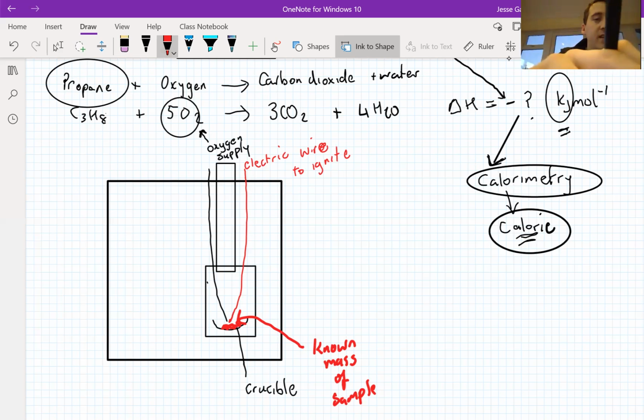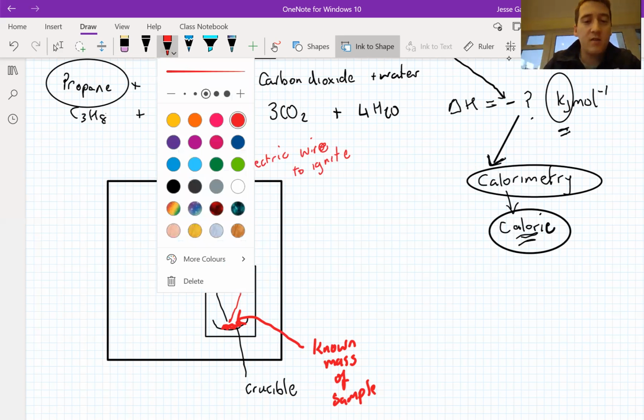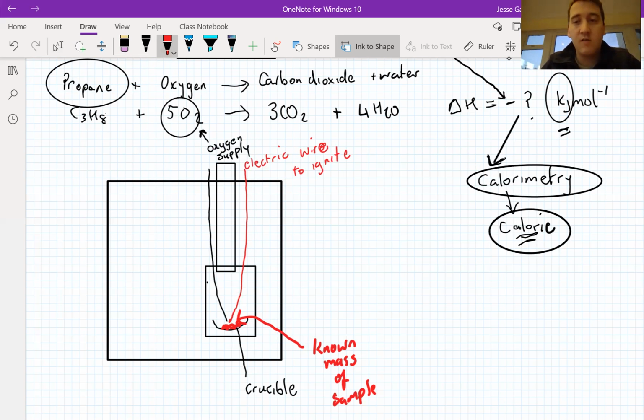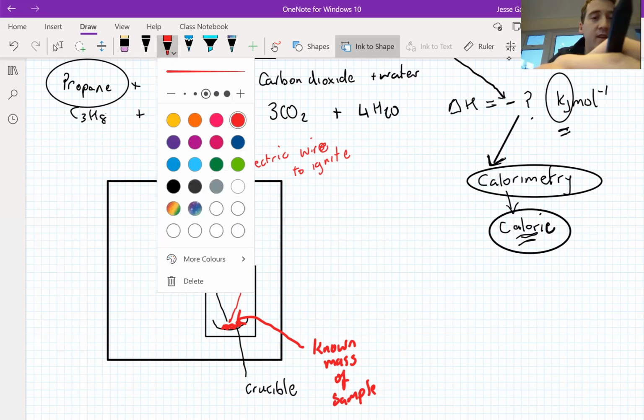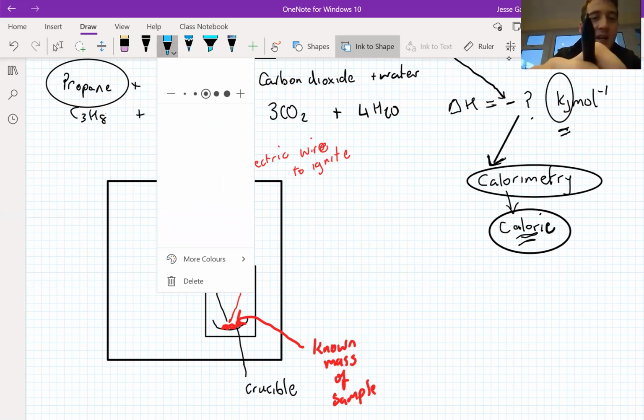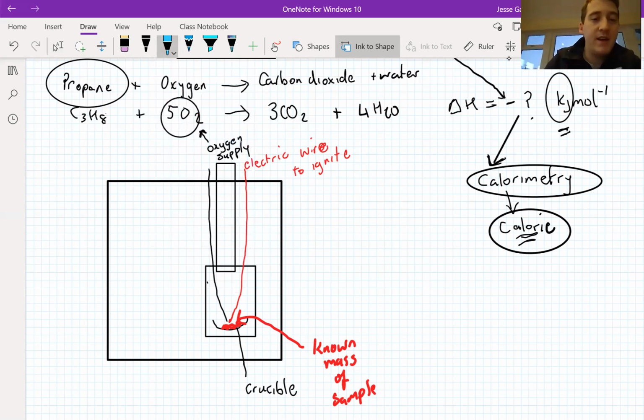The outer tank then, so this chamber inside is sealed. The fuel is able to burn inside there. And then surrounding this, inside the bigger tank, is water. So you fill it up with water and you surround the little chamber inside with water.